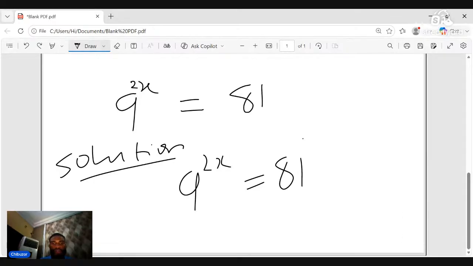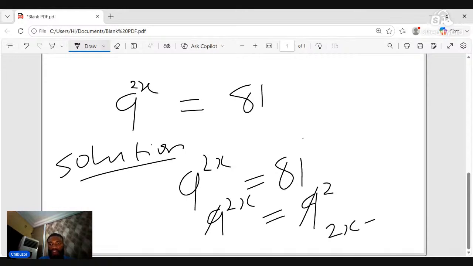So you now say 9 raised to power 2x is equal to 9 raised to power 2. When you have this, you can now cancel out 9, cancel out 9. So 2x is equal to 2. x is equal to 2 divided by 2, which is equal to 1. x is equal to 1.